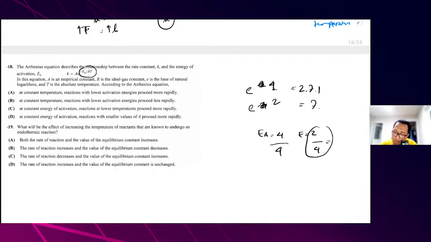So we can say the process will be more rapid. Remember, this one has a minus.